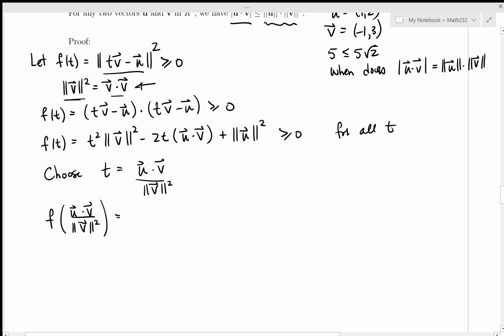All I'm doing now is substituting in for t wherever it appears, just like a regular function.